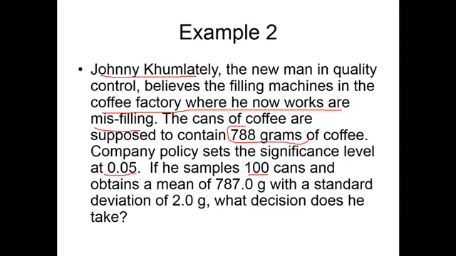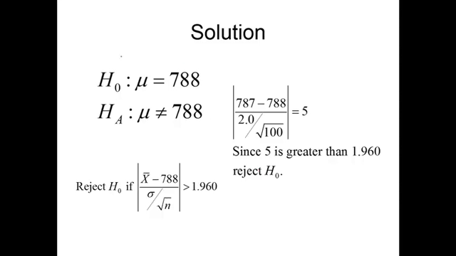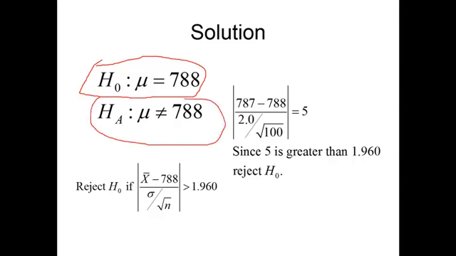You're filling coffee cans, and you want to get them at least full, but you don't want to get them too full. So you set a target, and you try to get as close to that target as you can, because you don't want to short sell your customers, but neither are you in the business of giving away coffee. So the hypothesis is that the machines are filling properly, and if that's not true, we must assume that they're not. Probably shut down the machine and recalibrate it.